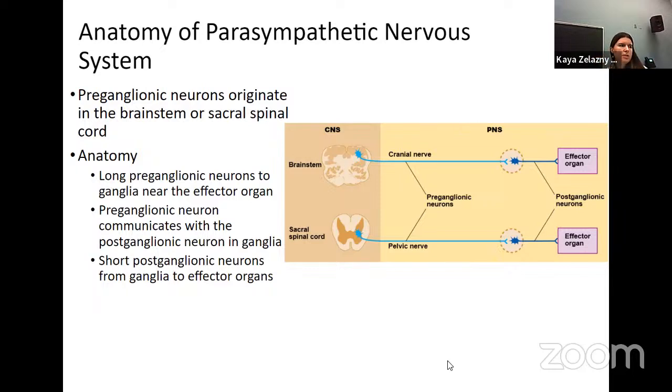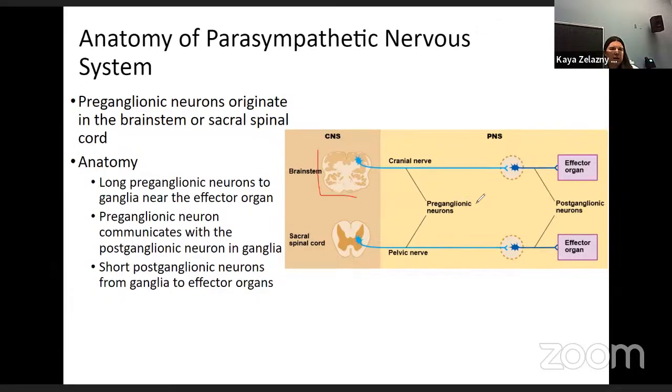And now instead of a short preganglionic neuron, we're going to have a longer preganglionic neuron. Then we're going to have our effector organ with a relatively shorter postganglionic neuron.